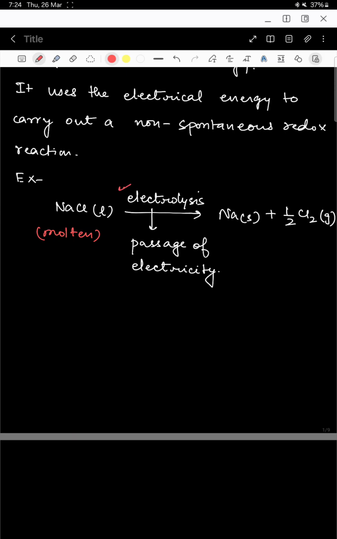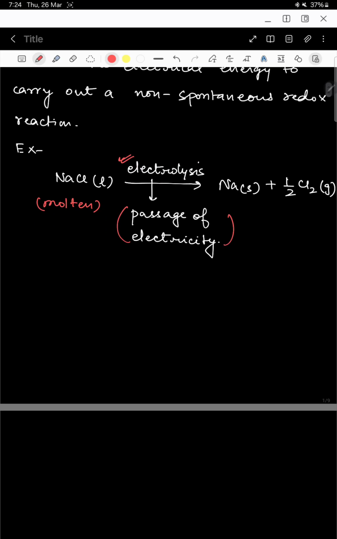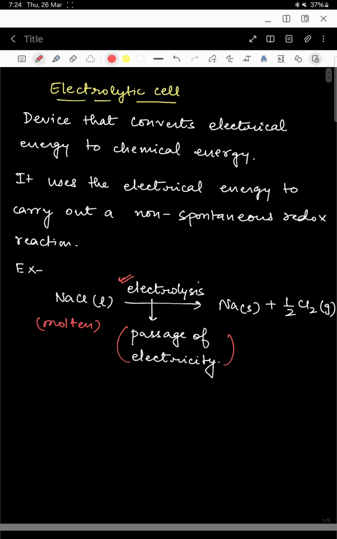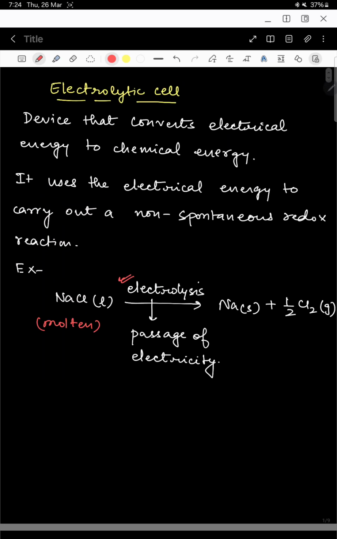But if we do the electrolysis of molten NaCl, that is we pass electricity through it, then it gets decomposed to sodium and chlorine gas. This process can be carried out only by the passage of electricity. It cannot happen by itself. It is a non-spontaneous process, but it can occur if we pass electricity through molten NaCl.